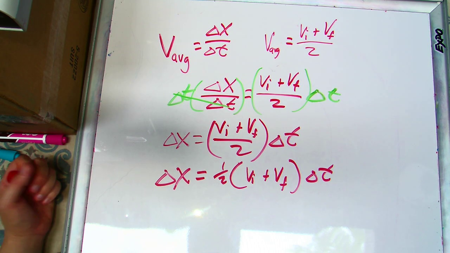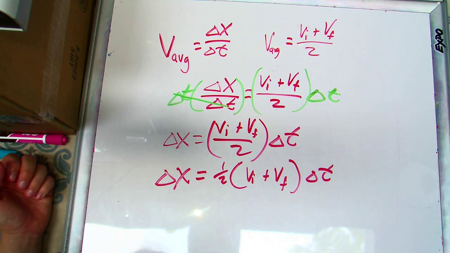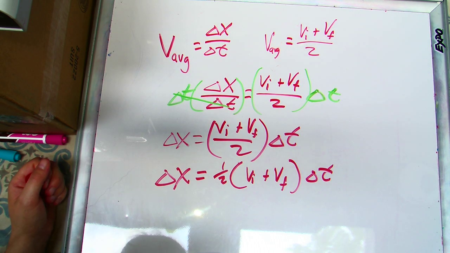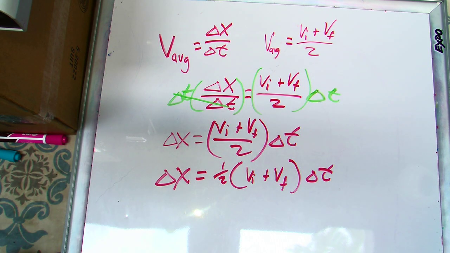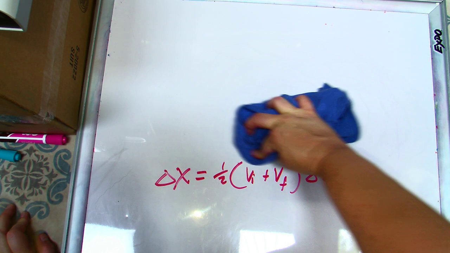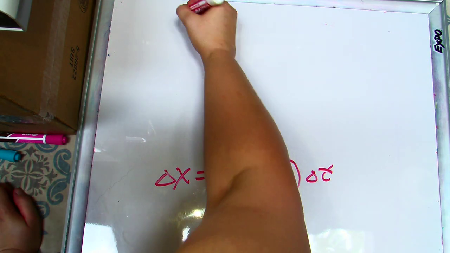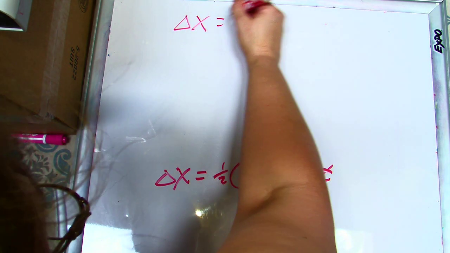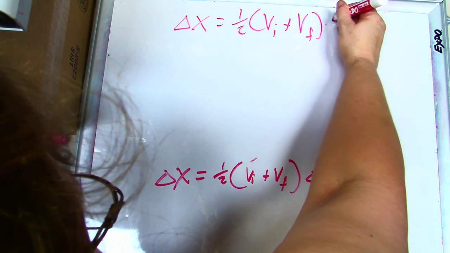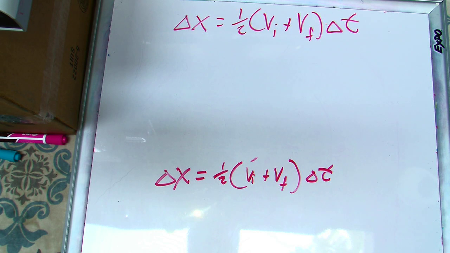It's the same thing, we just don't have to worry about the 2 on the bottom. We don't have to worry about that fraction. I'm going to write this at the top so that I don't forget. I'm going to erase this stuff, and I'm going to move this equation to the top.